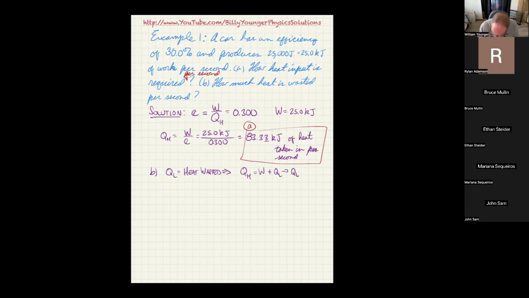So QL is actually equal to QH minus W. So we can now say QL is equal to 83.33 kilojoules minus 25.0 kilojoules.